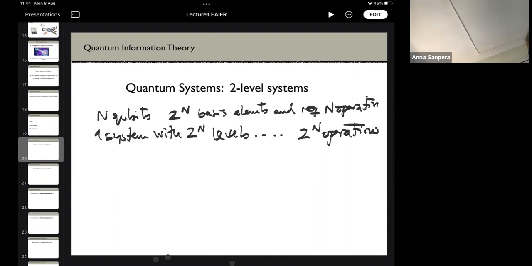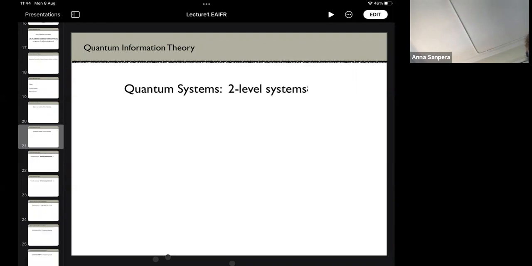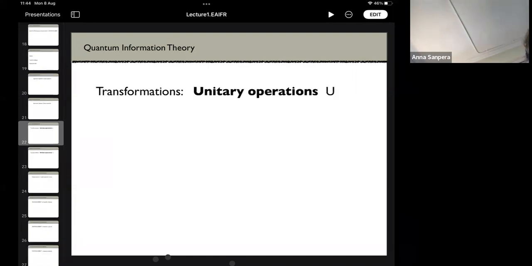So immediately that tells us that this we can forget. It will never be used. What else? So this is what concerns quantum systems and why everything we are going to do is in quantum bits, with 2-level operations.